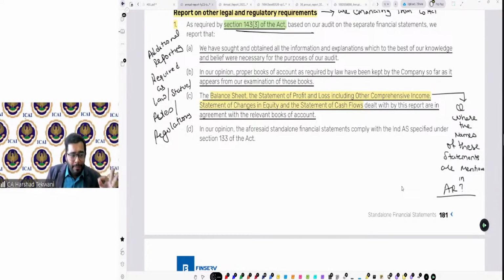So I am referring to the balance sheet, statement of P&L, other comprehensive income, changes in equity, cash flow dealt with by this report. Where has it been mentioned that this report deals with all these statements, in which paragraph?